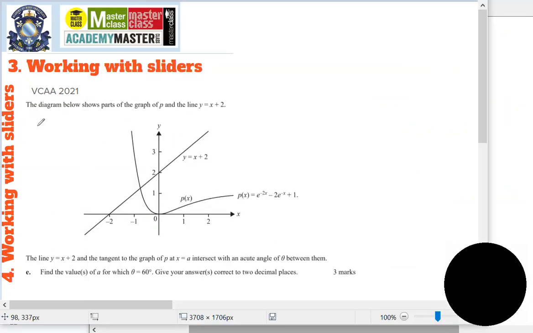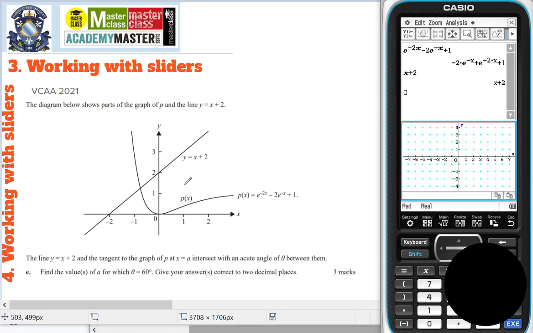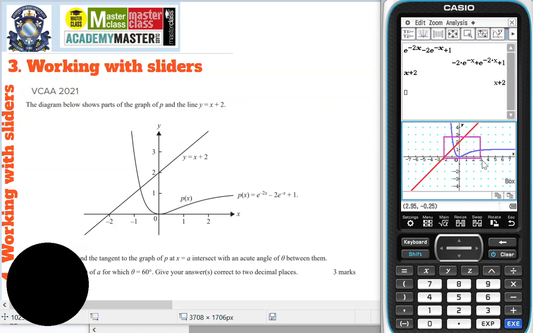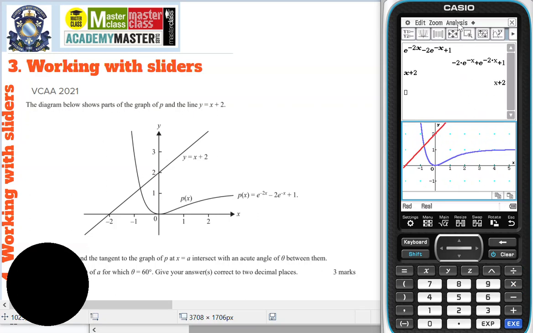So let's see if we can get our calculator up. Okay, so we've got y equals x plus 2. And analysis sketch tangent. And now I'm just going to move my cursor along.